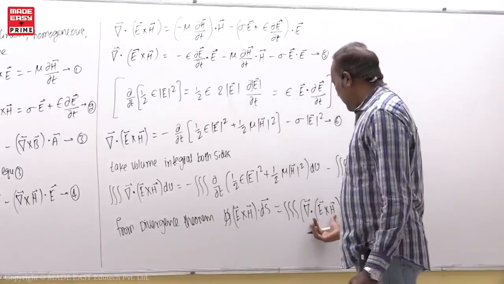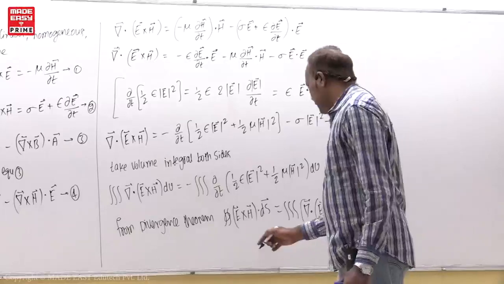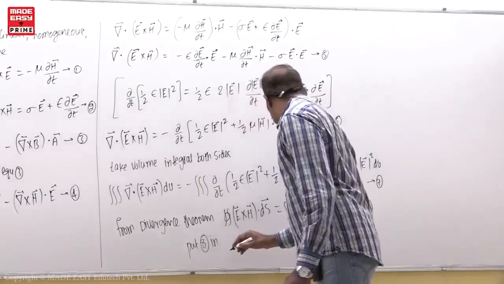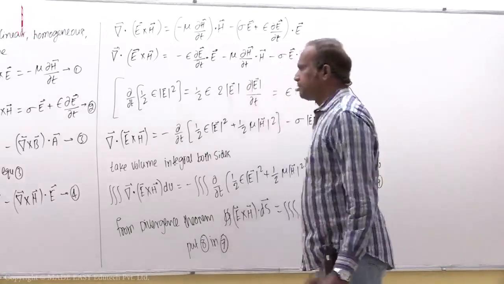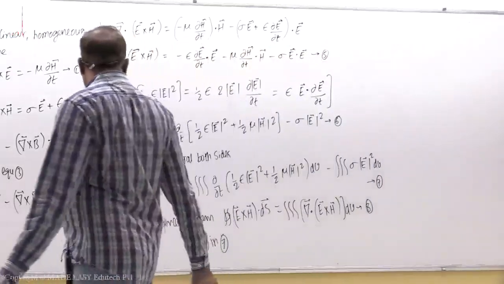So here in place of this one you can substitute this one. So put equation 8 in 7. I will write there, as the place here is not sufficient. So now that becomes like this.